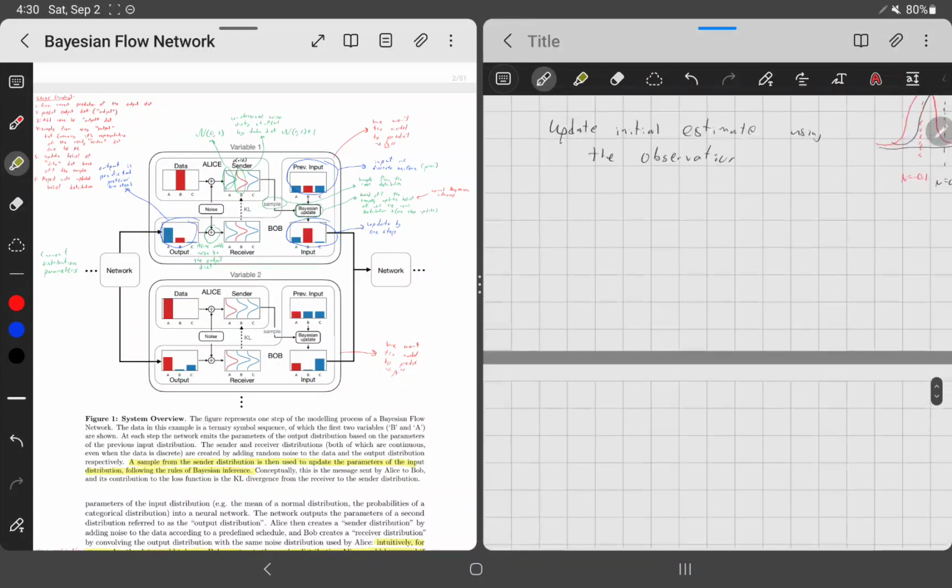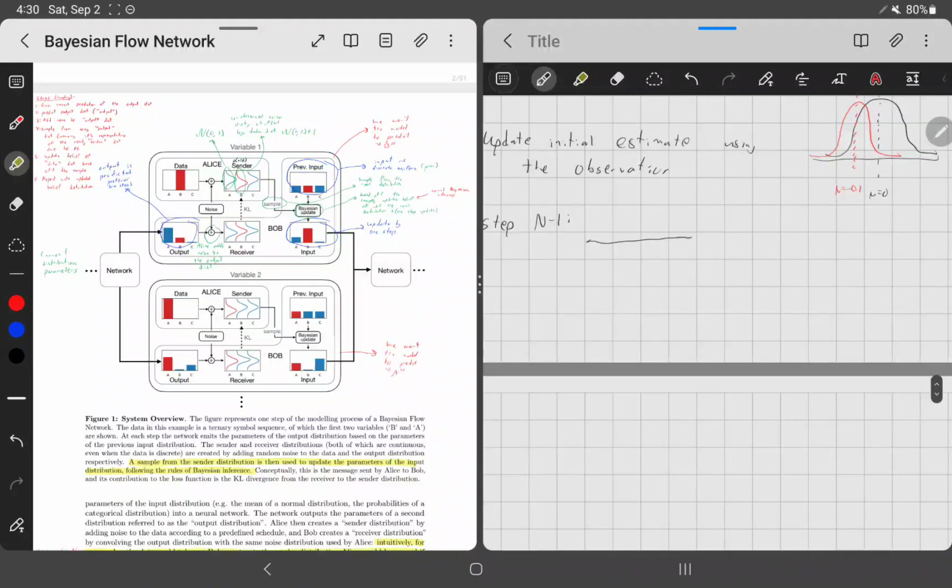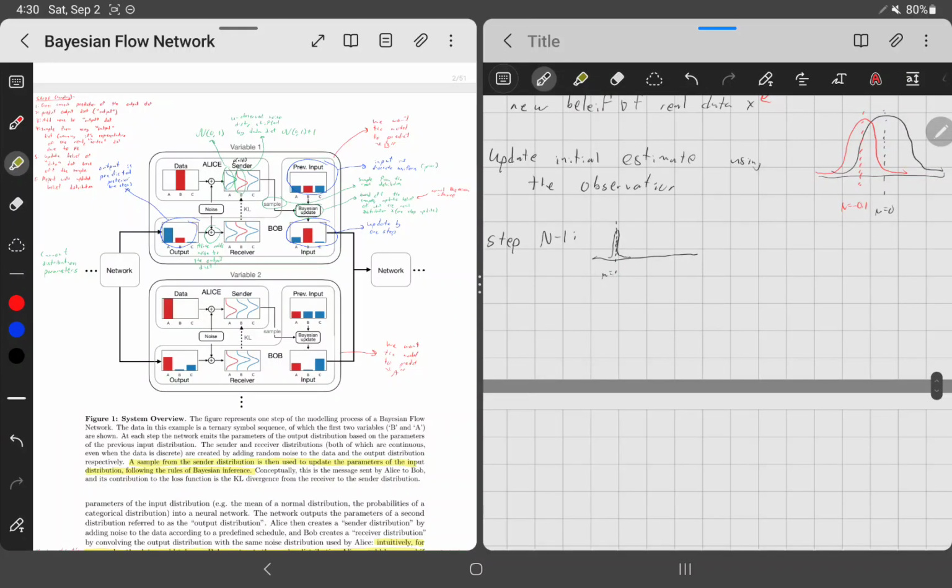So at step n minus 1, maybe your prediction is like, your mu is now at like negative 0.45. So maybe it looks something like this. At step n minus 1, we want to sample for n steps, and maybe it looks something like this, negative 0.45.